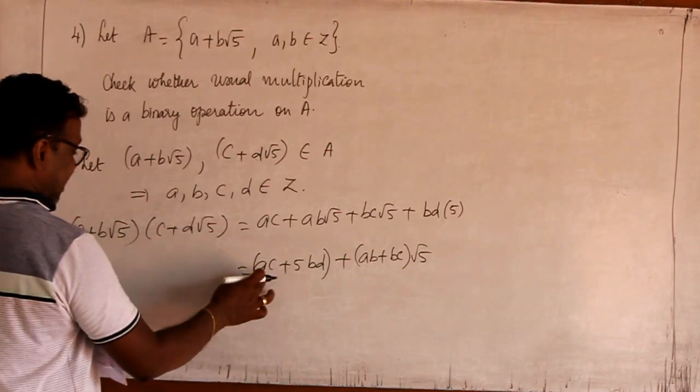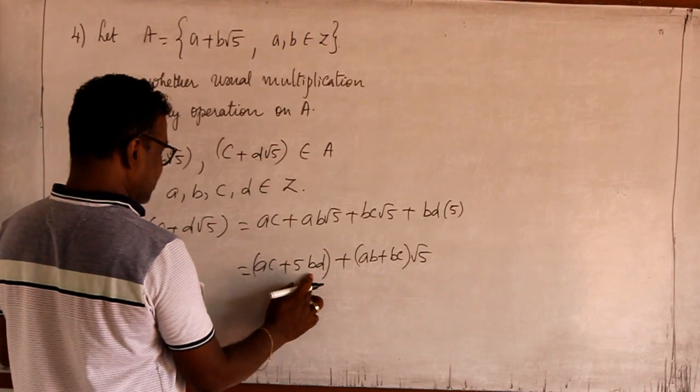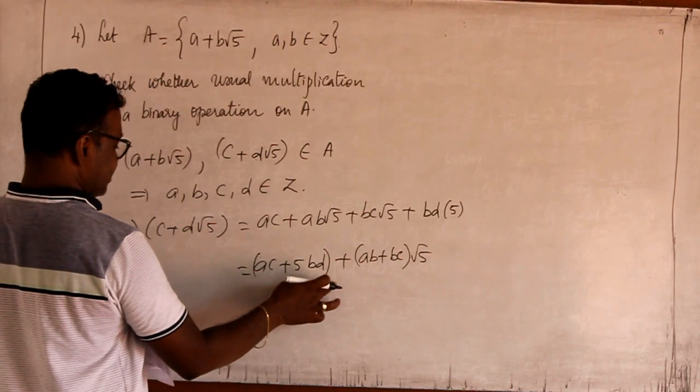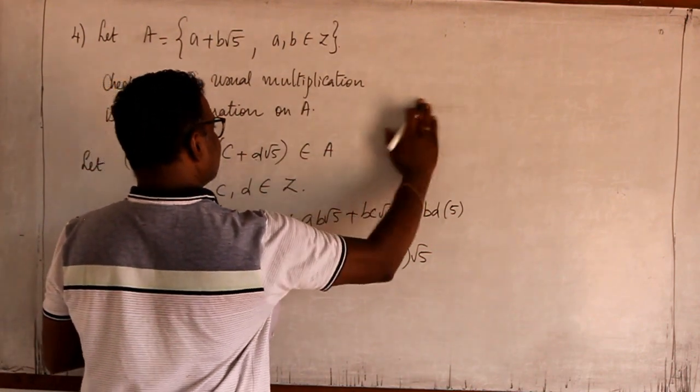Now AC belongs to Z, BD belongs to Z, 5BD also belongs to Z. So all these numbers, AC plus 5BD, you can write here itself.